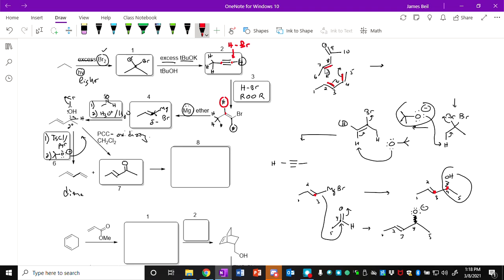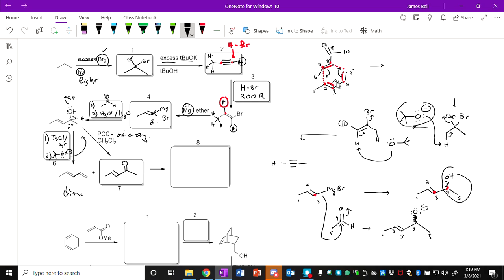And they're only going to be able to connect the atoms that are part of those pi systems. So only carbons 2 through 5 and 7 and 8 are going to be involved in that mechanism. And so 2 is going to bond to 7 and 5 is going to bond to 8.